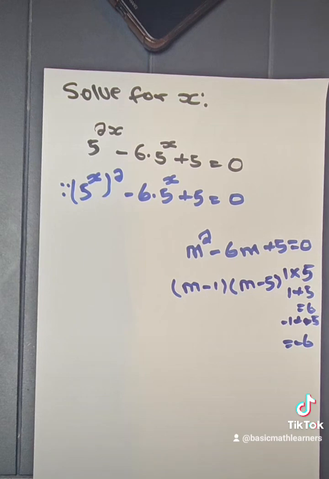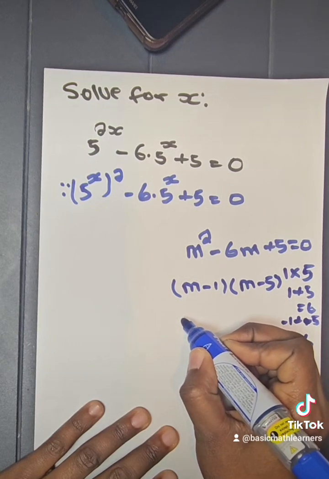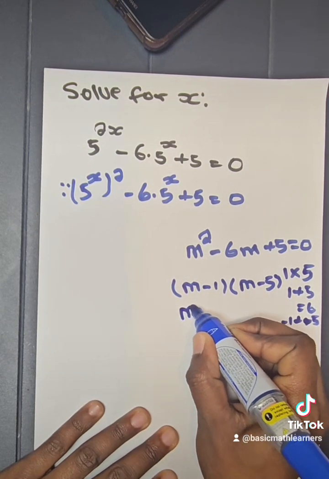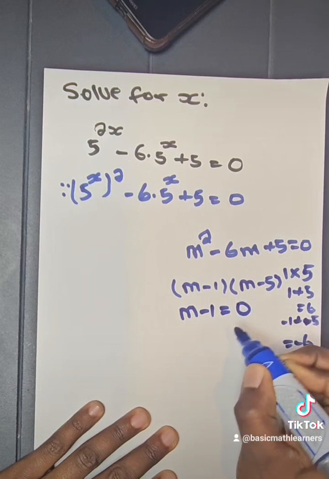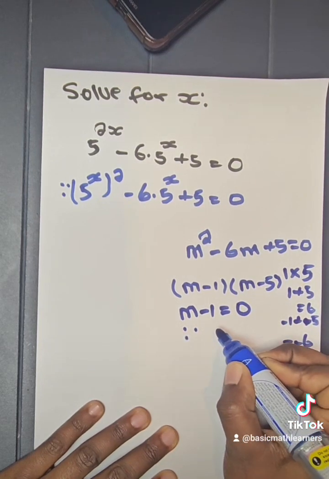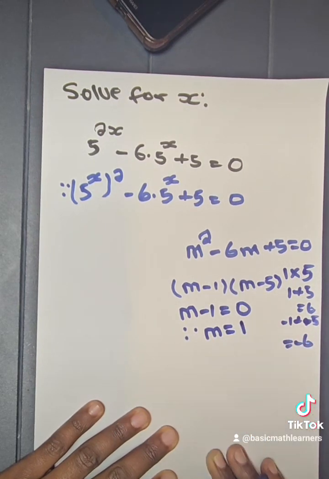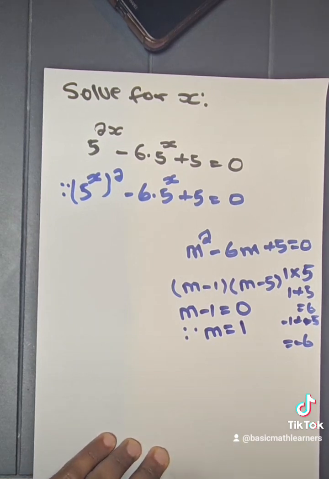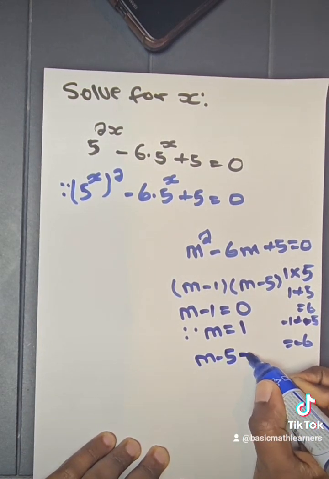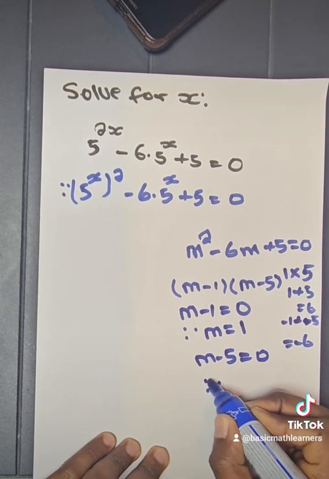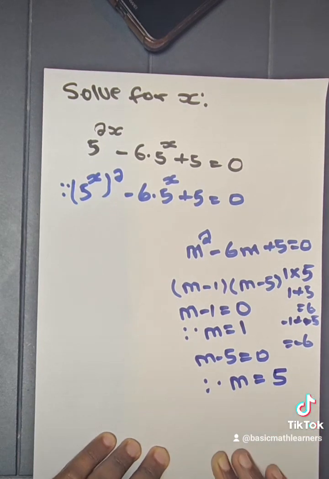Now we can solve it for m, and we will put each factor equal to 0. We're going to start with the factor m minus 1. M minus 1 equal to 0. Therefore, our first factor gives us m equals 1. The second factor, m minus 5, will be m minus 5 equal to 0, which gives us m equals 5.